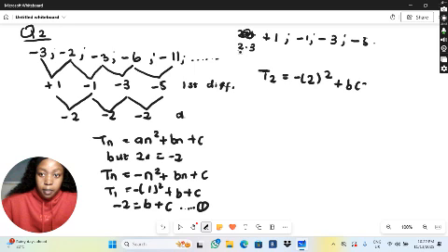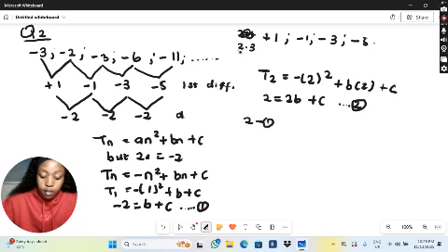plus b times 2 plus c. We just want to maintain time, and then we are going to have equation 2 minus equation 1.